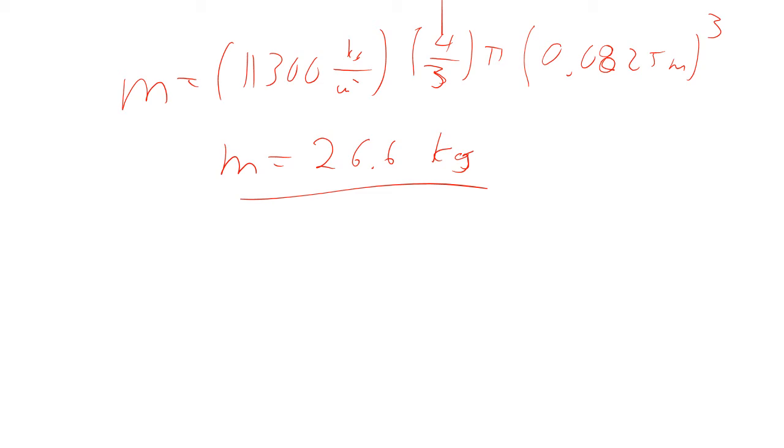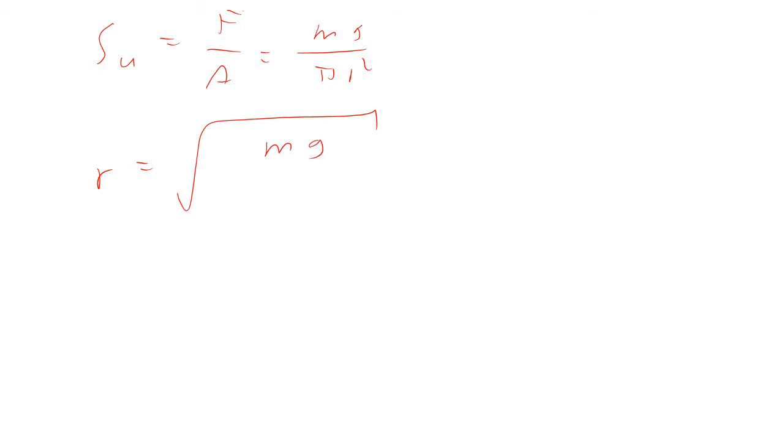Okay, so now we know that S_U is F over A, so that's mg over pi r squared. So r is going to be the square root of mg over pi S_U.